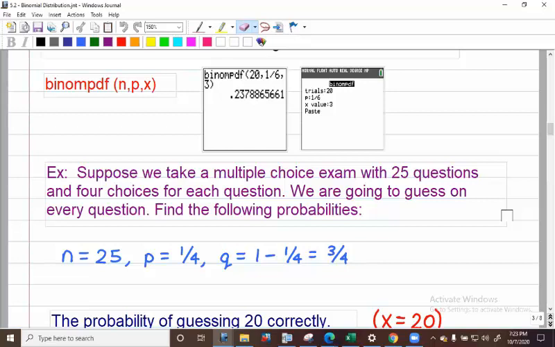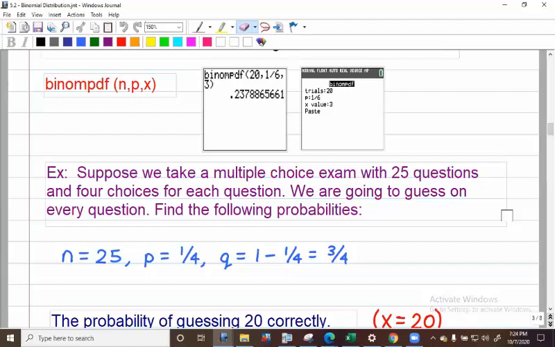But for this to be binomial, it's very important that you have the same number of choices for each question. Because a lot of my exams would not be binomial, because you might have 3 choices for one, 4 for another. It's got to be the same probability of success for every question to be binomial.